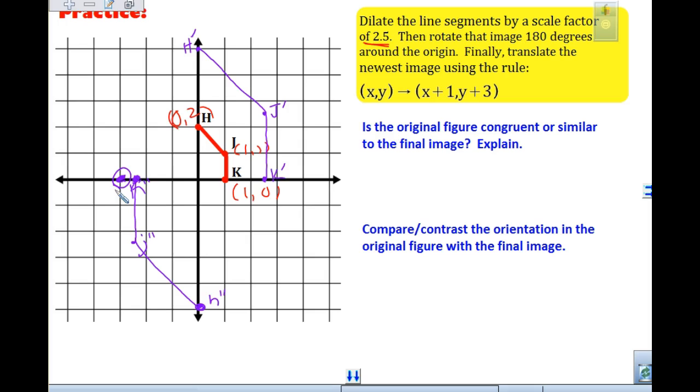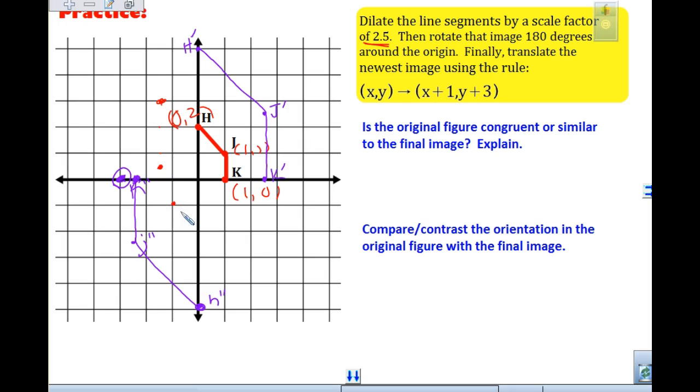I know you're on the right track, and now your last step for all of you should have been to move this 1 to the right and 3 up, right? So I'm going to go over 1 and up 1, 2, 3, right? This one is going to go up 1, 2, 3, and back 1.